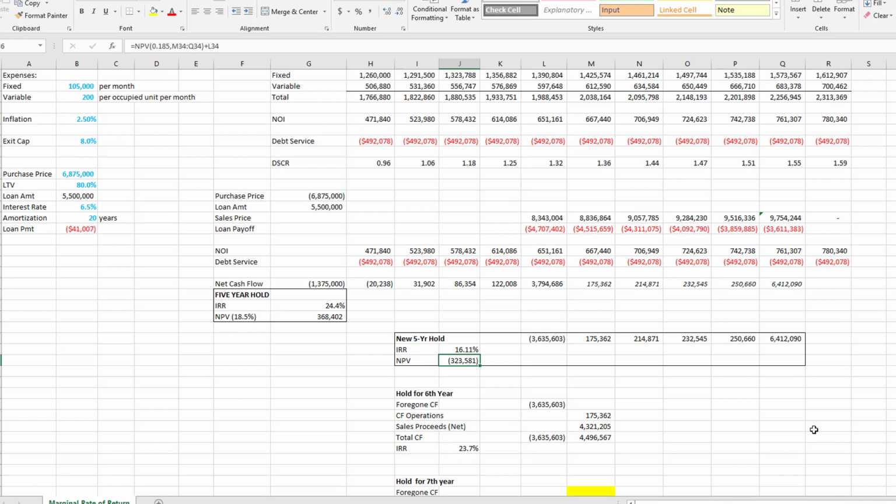We're in effect giving up $3,635,000 by not selling it, so it's as if we are reinvesting that amount of money. These would be our cash flows over the subsequent 5 years. This would be our return for the second 5 years, years 6 through 10. It doesn't meet our return requirement. It doesn't meet our threshold. So we shouldn't hold this for an additional 5 years. It doesn't meet our return requirements.